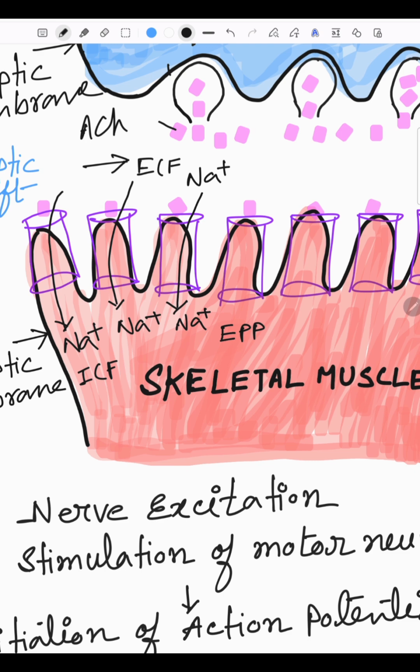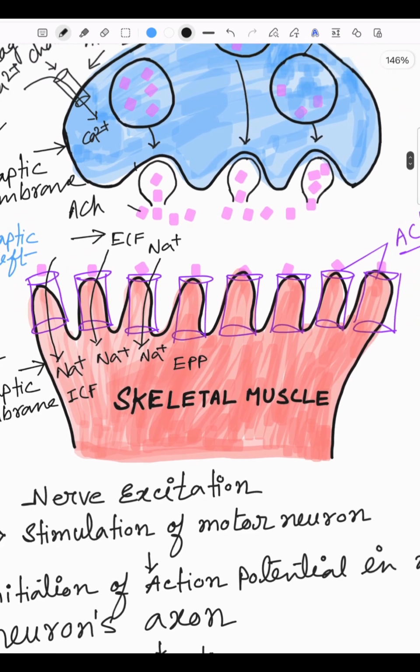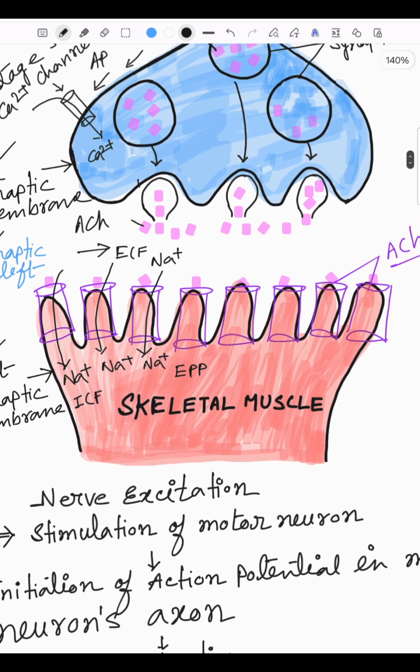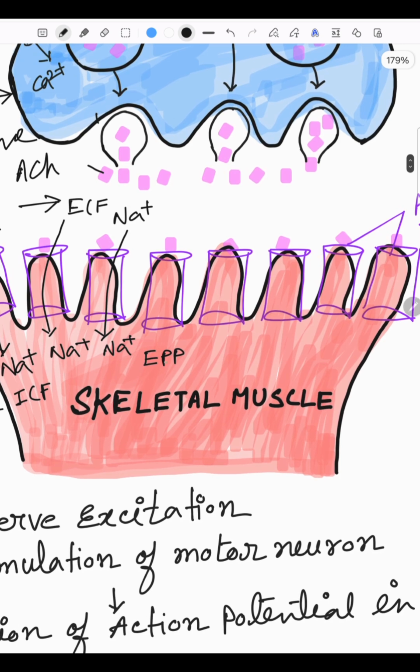So for skeletal muscle contraction, we need to generate action potential, and for generation of action potential, we need voltage gated sodium channels to be open, and voltage gated sodium channels open whenever this EPP potential is reached by the sodium ions.